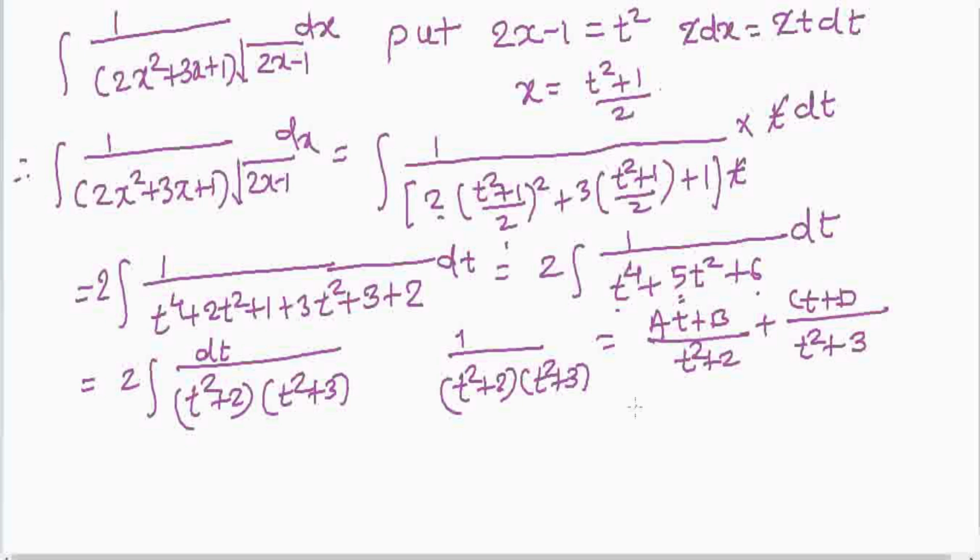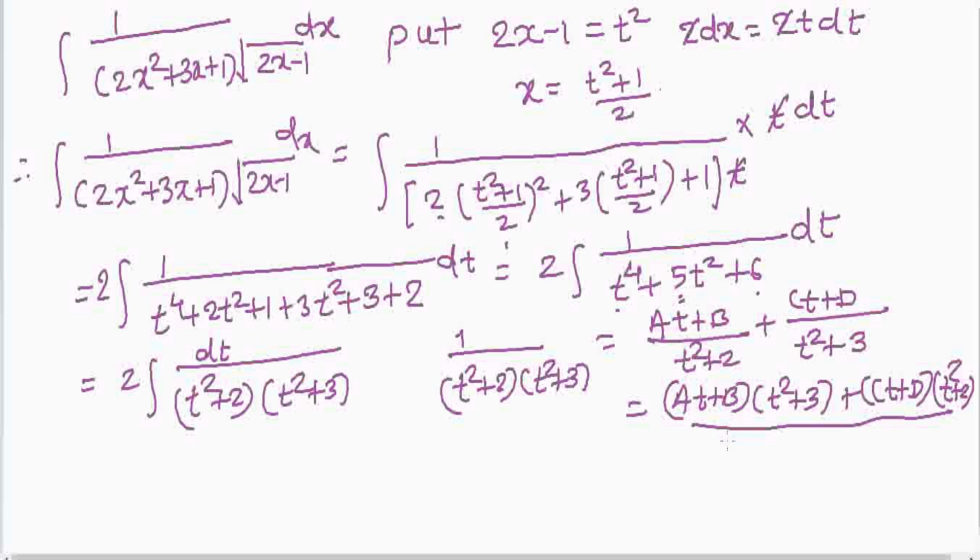Then this is equal to at plus b into t square plus 3 plus ct plus d into t square plus 2 whole divided by t square plus 2 into t square plus 3.